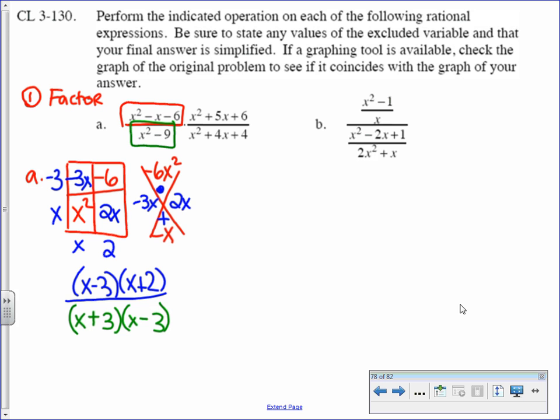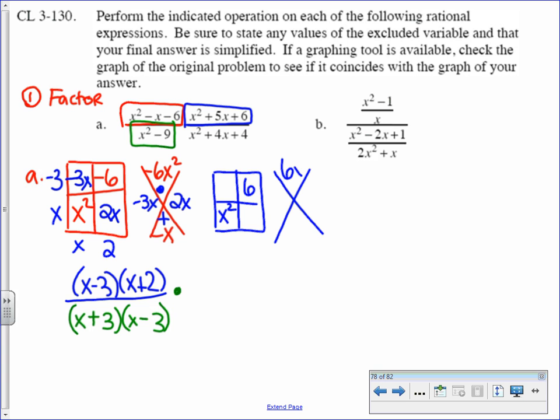Now I'm going to multiply. Let's do box and diamond one more time, just in case we're still not positive how to factor. So I boxed x squared plus 5x plus 6. I'm going to draw my box and diamond, generic rectangle, area model, whatever you call it. X squared, first term, positive 6, so I have a positive 6x squared, and they need to add to get 5x.